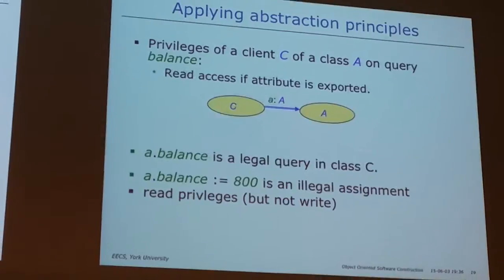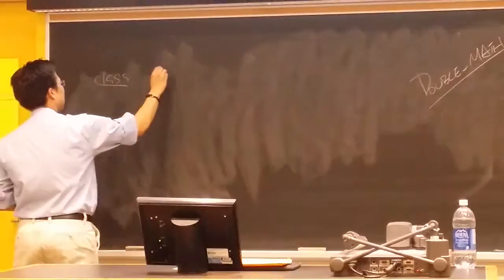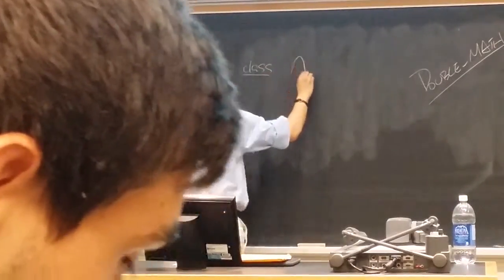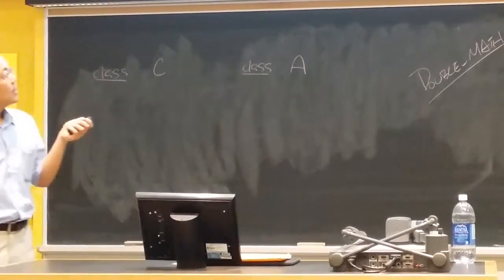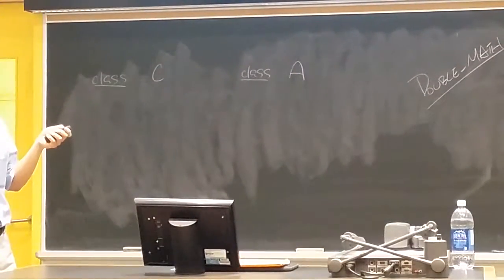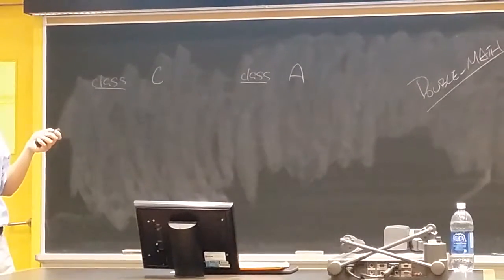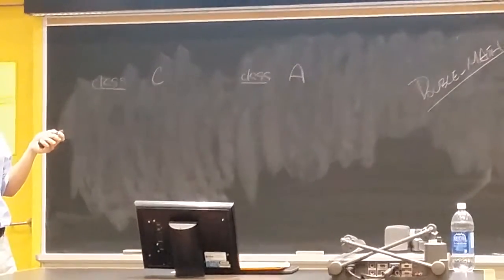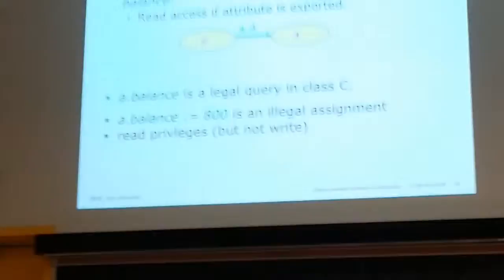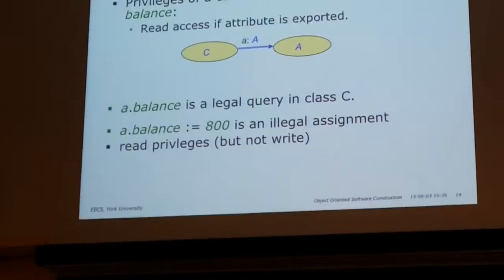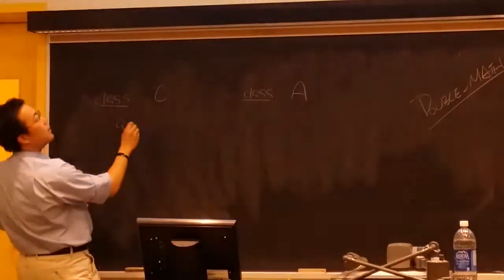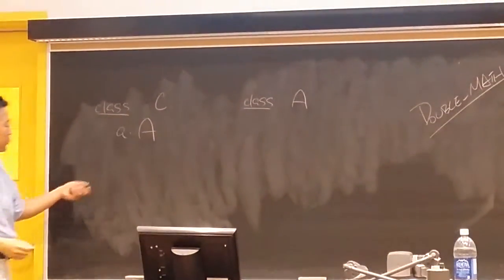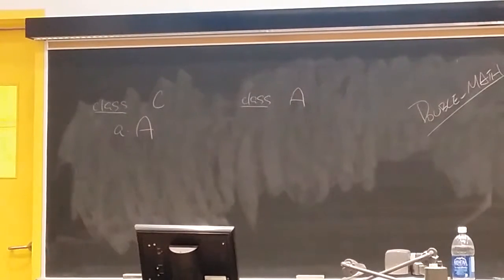Whenever you see this architectural diagram, that means of course you have a class C, and you also have a class A. Okay, so now we're saying that C is a client of A, because C declares some attributes which will use the services from class A, right? So here you have a of type A. This is what you will see in Eiffel, but if you generate a diagram from there, this is the diagram you will see. Okay?